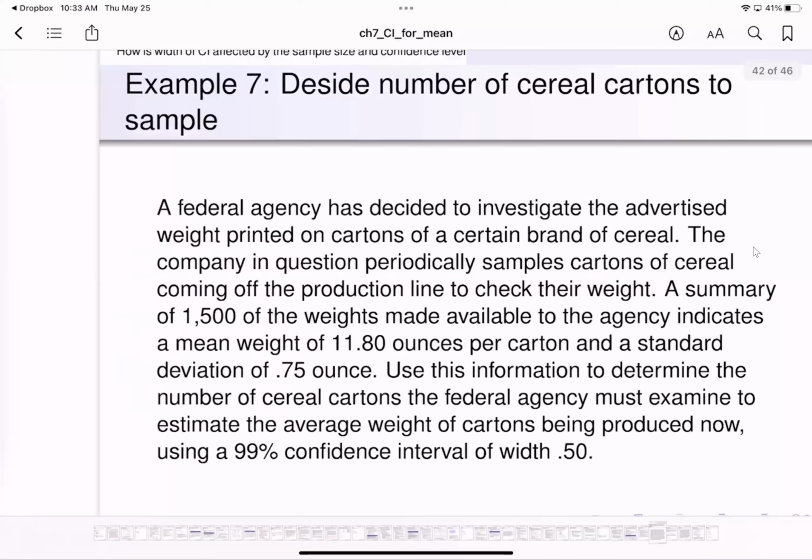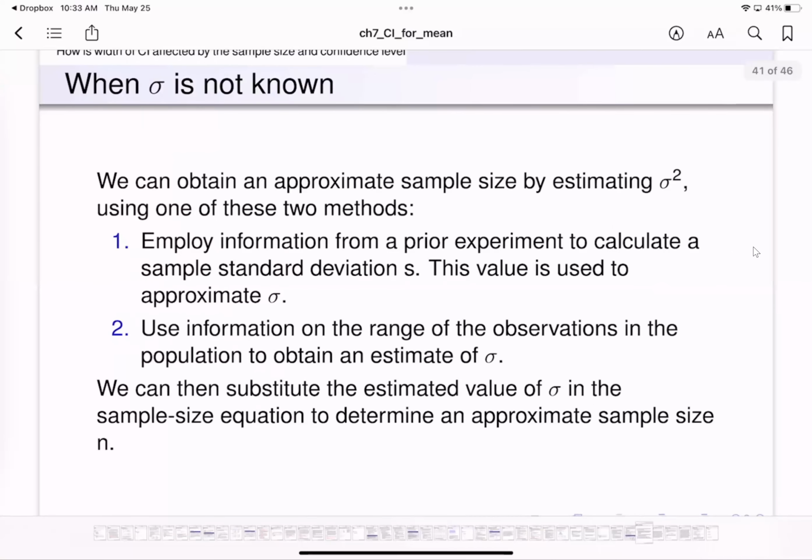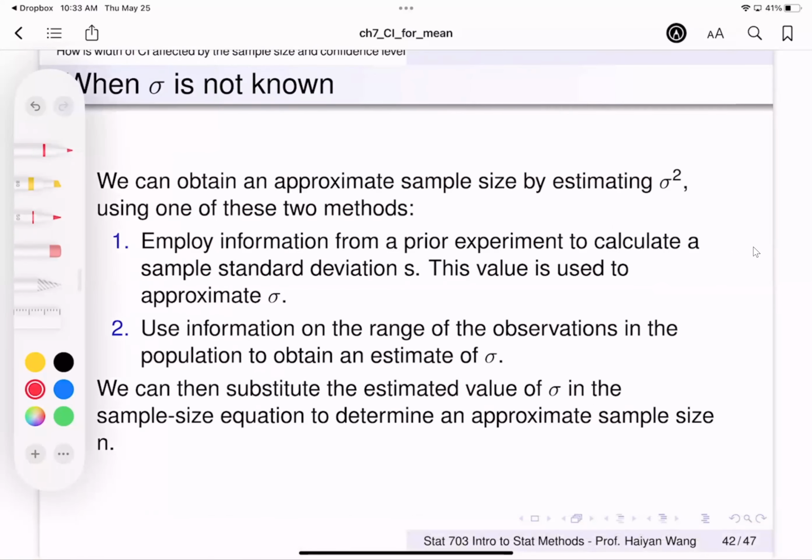So generally, how do you use the range to estimate sigma? If the data are normally distributed, if data follows normal distribution, then earlier when we learned the empirical rule, we know that 3 standard deviations will capture nearly all of the data.